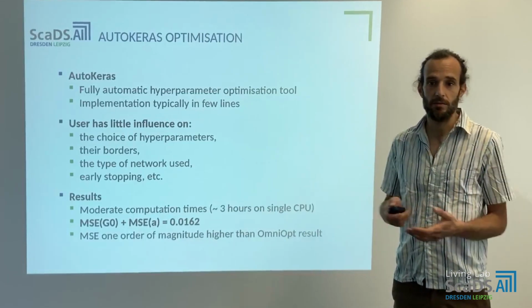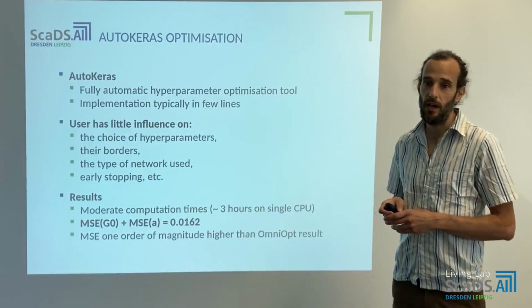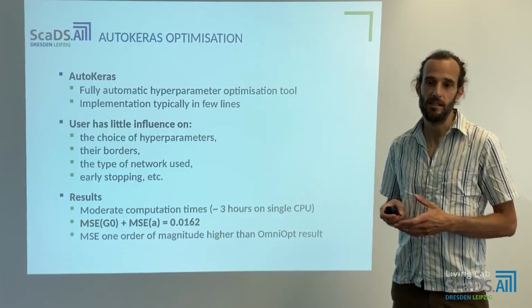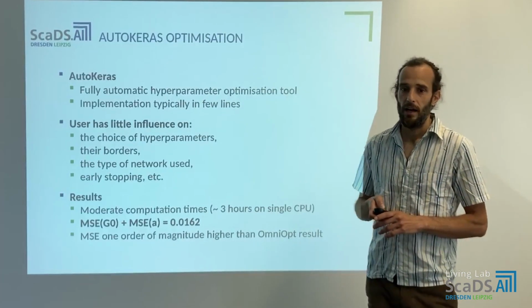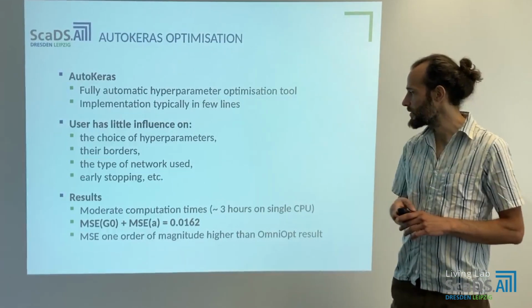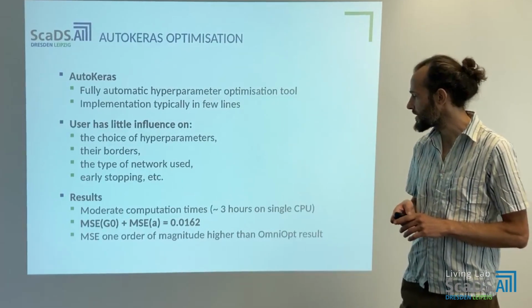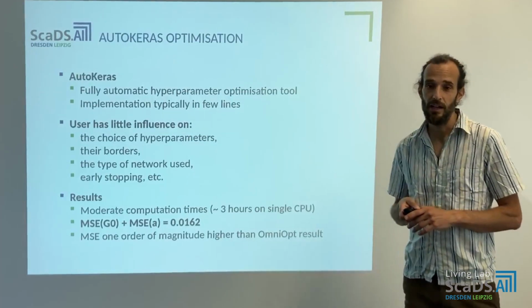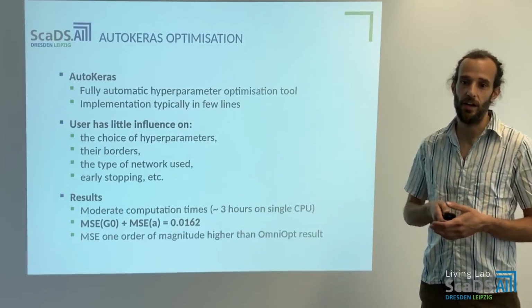So for our problem, it was possible to perform AutoKeras on a single CPU, and it lasted between 2 and 4 hours. And the mean square error, or the sum of the 2 mean square errors, was around 1.6 times 10 to the power of -2, which means that the error is 1 order of magnitude higher than for the OmniOpt result.